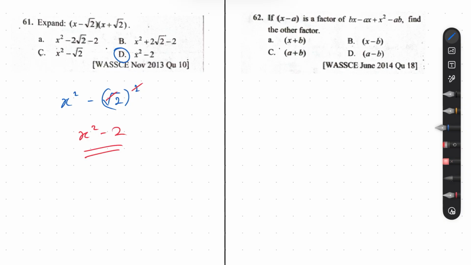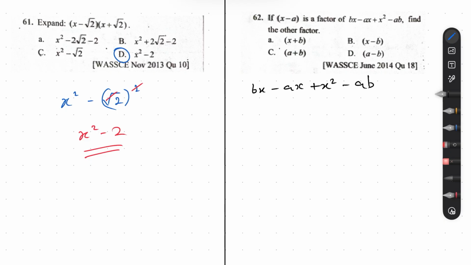It says if x minus a is a factor of this whole expression, find the other factor. So what we can simply do is try to factorize this on its own, then we compare. Okay, so let's write that down. We have bx minus ax plus x squared minus ab.